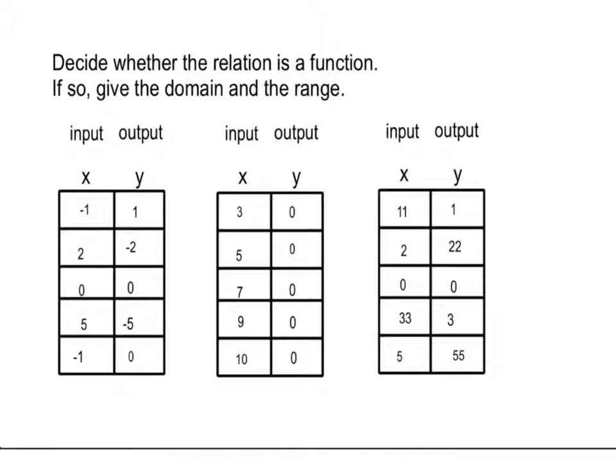If I check that, I see that I have a -1 and a -1. Then the next thing I need to check, do they have the same y? This one has a 1 and this one has a 0. Therefore, these are two different y's, so this is not a function.